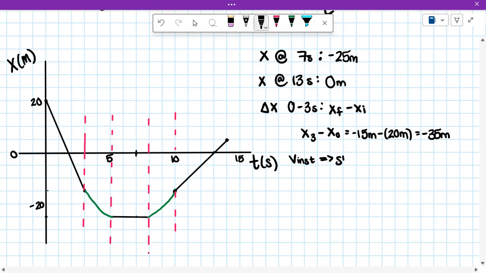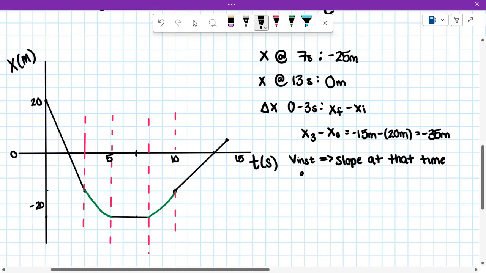So here, I need to find the slope at that time. So let's say I wanted to find the instantaneous velocity at 1 second. 1 second, right, is right here. And I see that that is on a line.